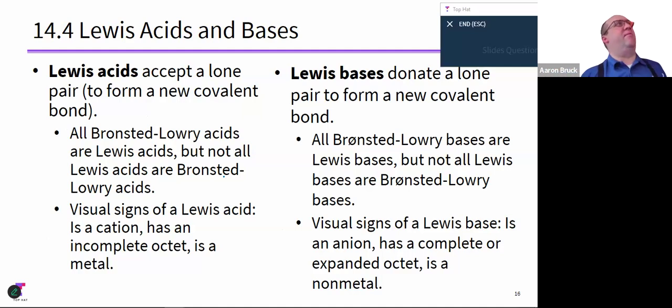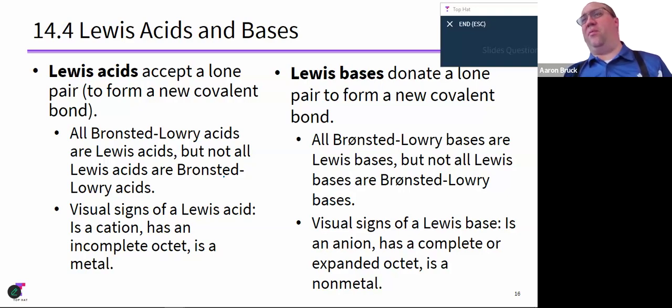So to summarize this into something a little more digestible, Lewis acids accept lone pairs of electrons. So under Lewis theory, forget hydrogen. Focus on the electrons. And from the electronic standpoint, it's the opposite of what we were talking about with protons.